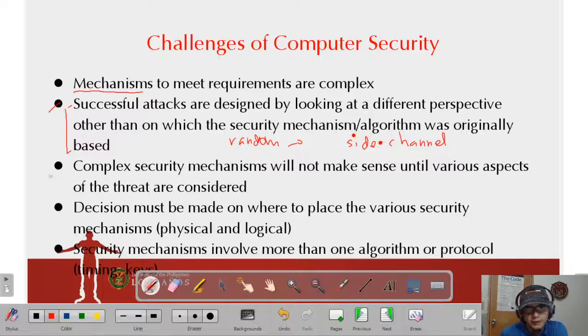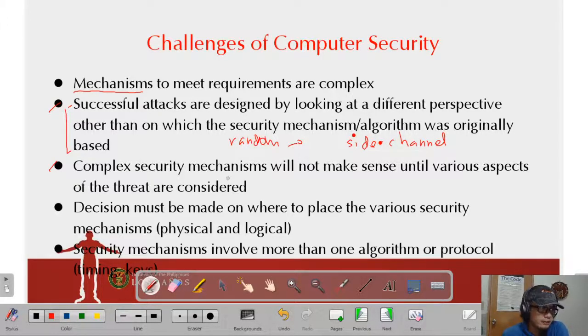The third challenge is computer security mechanisms will not make sense until various aspects of the threat are considered. The idea here is that there are many things to consider when designing security or creating security mechanisms. Initially, you will always wonder, why do we need this protection? Why do we need an antivirus?